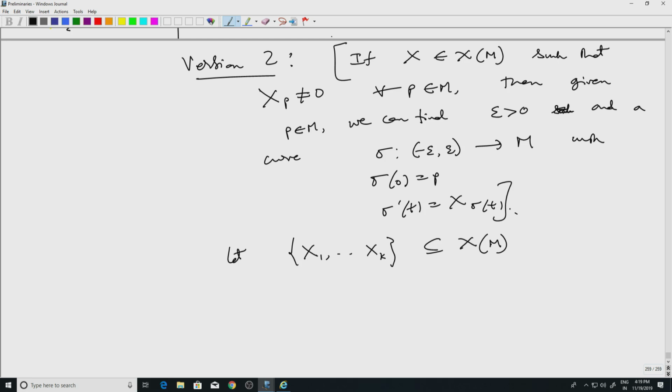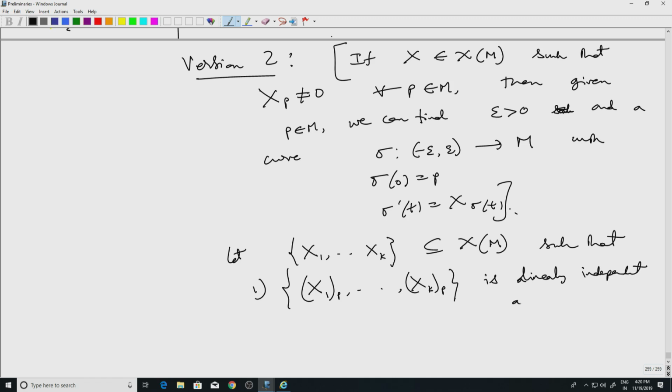So now here, suppose I have this contained in the vector fields on M, such that the condition that Xp is not equal to 0, we'll replace it by: X1 to Xk are linearly independent at each p in M. And now here there's a big difference between this one vector field and the higher dimensional case.